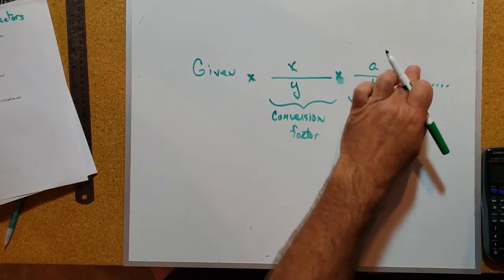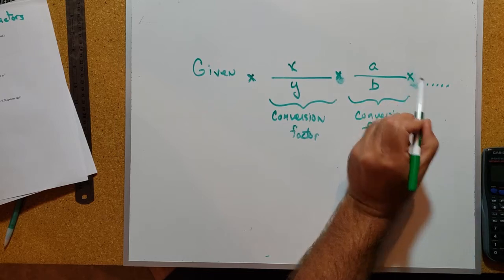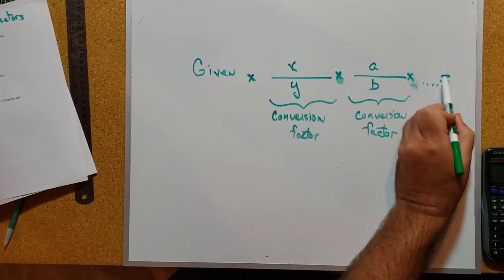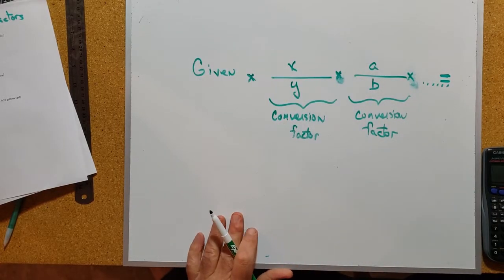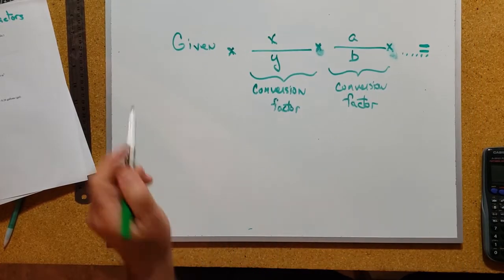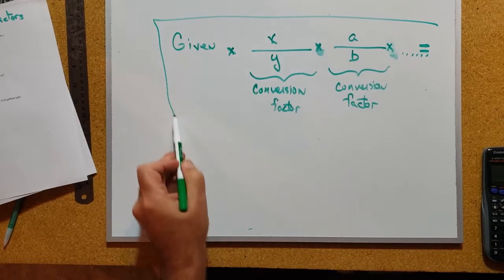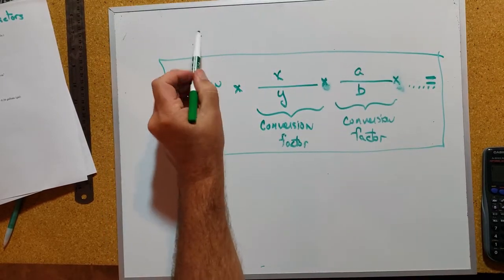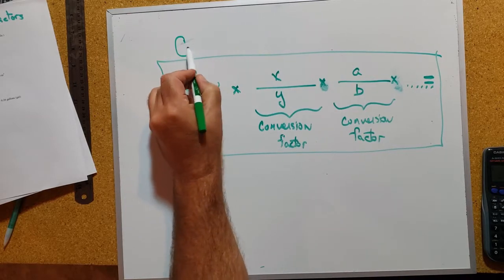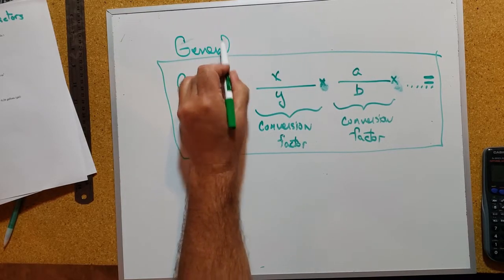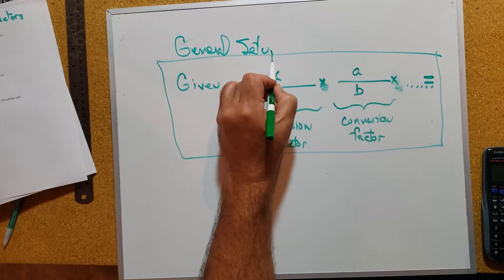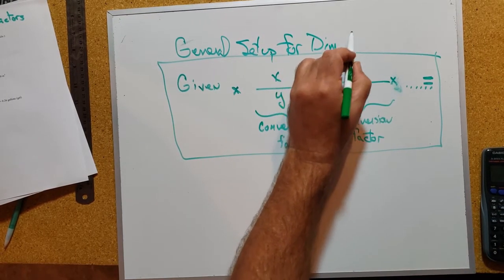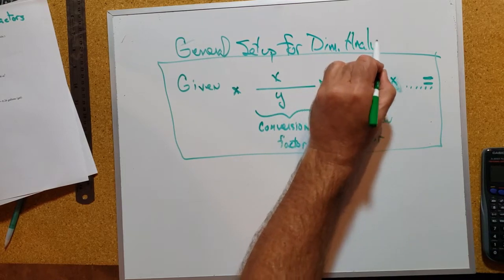At some point, we will be done setting this equation up, and we could put an equal sign in and then go through the solution part of it. So this is the general setup for dimensional analysis.